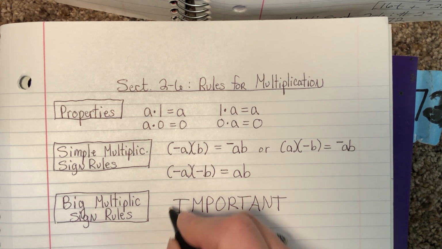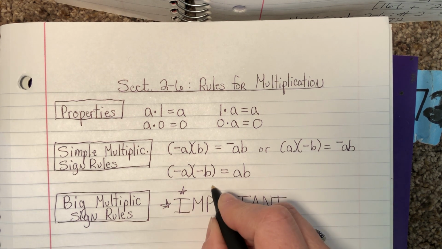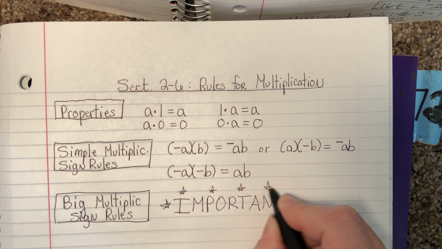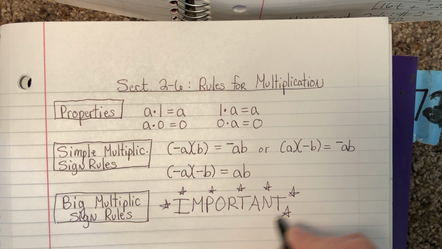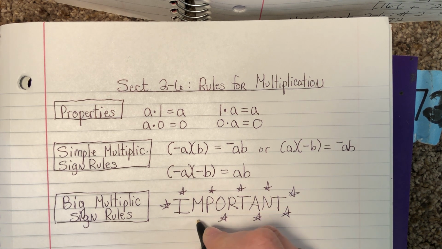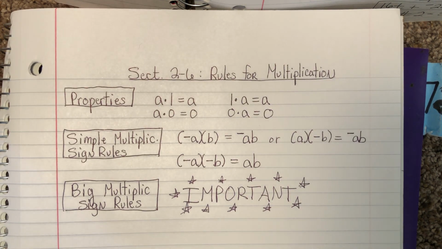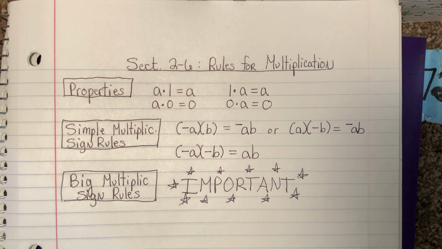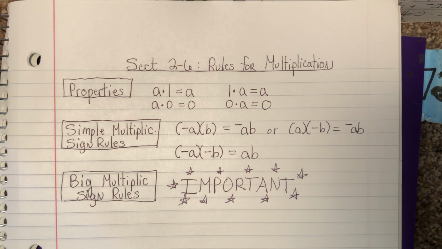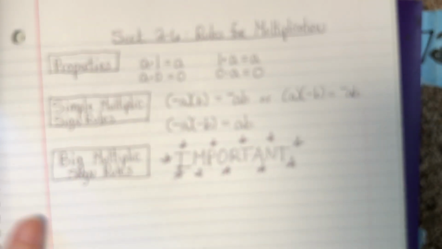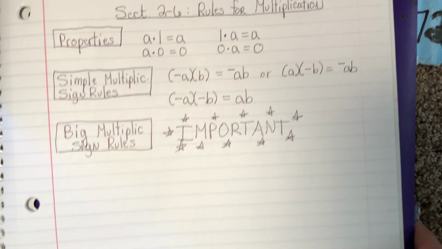Important. Put a bunch of stars around it. All right. So, let me see if I can slide this. Hang on for a second. I gotta move this thing out of the way. Slide this up. Oh, there we go.